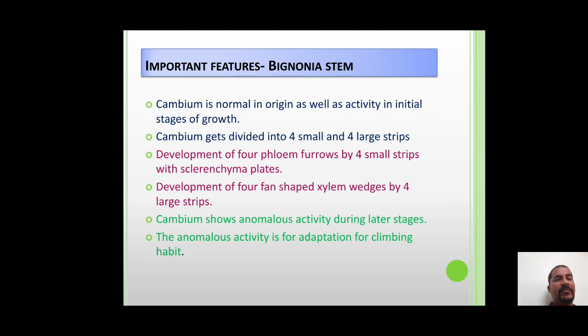The development of 4 phloem furrows by the 4 small strips with the sclerenchyma plates. Then the development of 4 fan-shaped xylem wedges by the 4 larger strips. Then the cambium shows anomalous activity during later stages, and the last one is that the anomalous activity is an adaptation for the climbing habit.